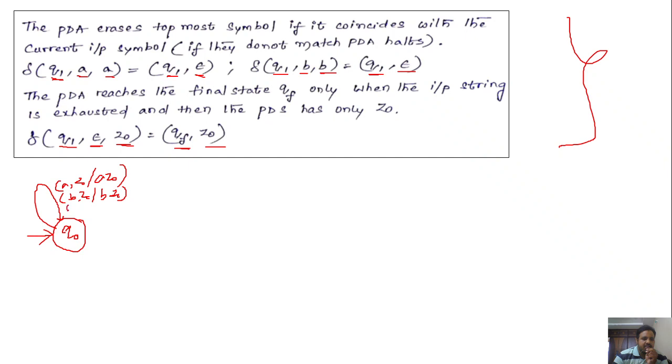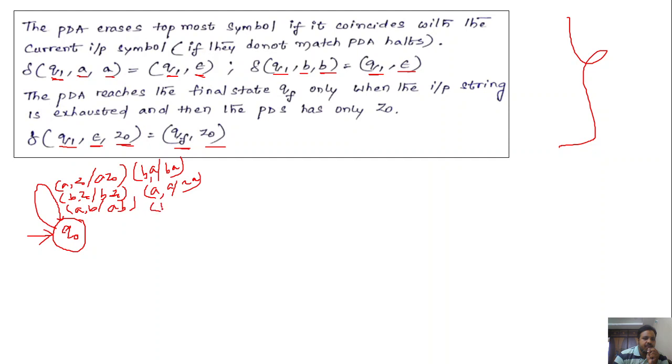Another possibility is that if the input is A, top of the stack is B, we are going to push AB. If the input is B and top of the stack is A, then we are going to push BA. If the input is A, top of the stack is A, we are going to push AA.